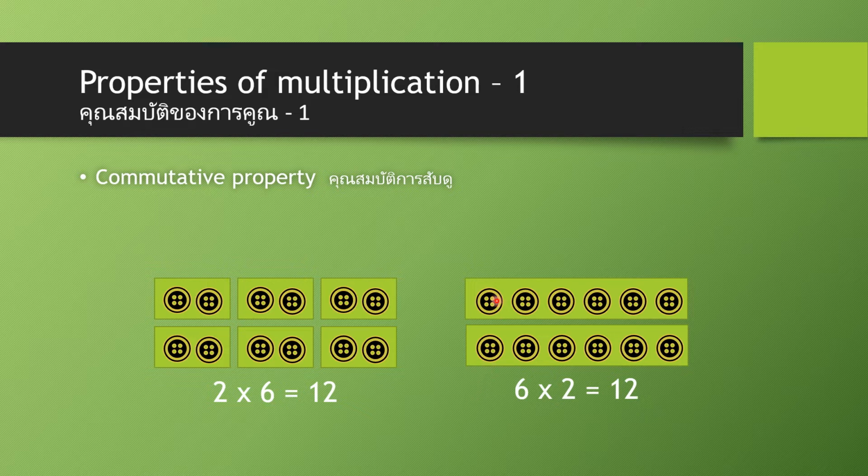See, now we have six buttons in one box. How many boxes do we have? 2. So 6 times 2 is also 12. See, these two numbers have changed their places. 2 is in the front in this one. 6 is in the middle here, and 6 is in the front here.